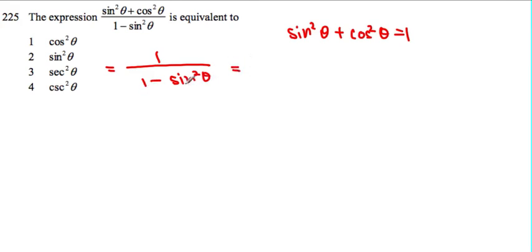But wait a minute, what is 1 minus sine squared theta? That's equal to cosine squared theta, by subtracting sine squared. So I can rewrite this one as 1 over cosine squared theta. But what is 1 over cosine? 1 over cosine is secant, but since we have 1 over cosine squared, what we're looking at is secant squared theta, which is choice 3.